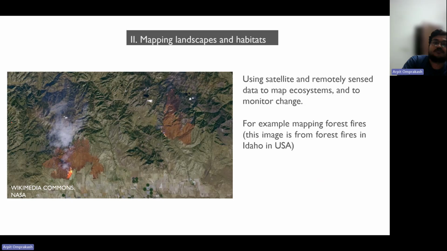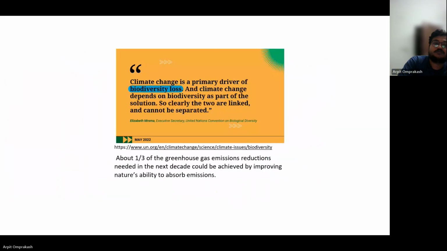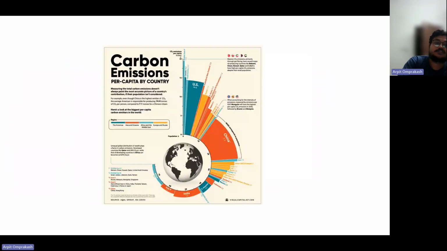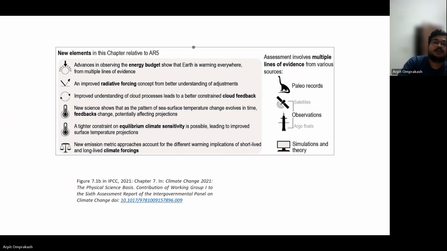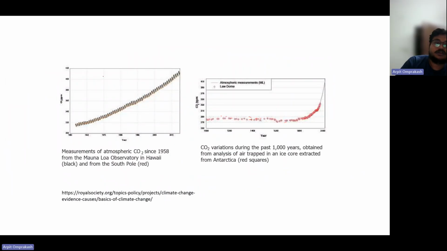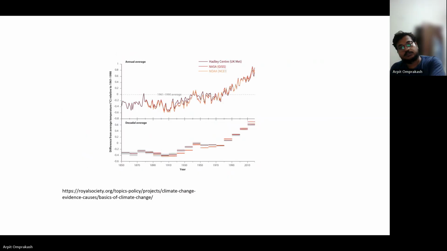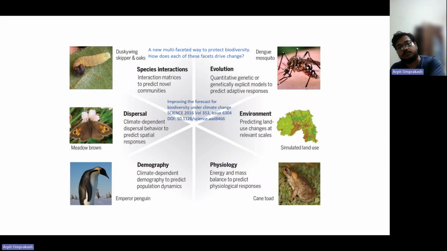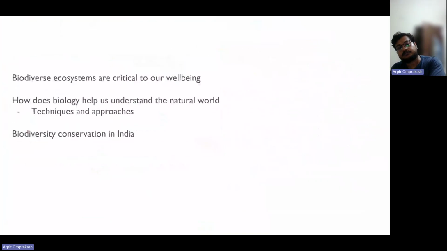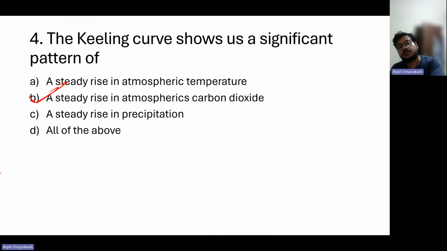The thing I forgot to mention when we were talking about this is that the graph we saw is called the Keeling curve, because it was plotted by a scientist called Keeling.